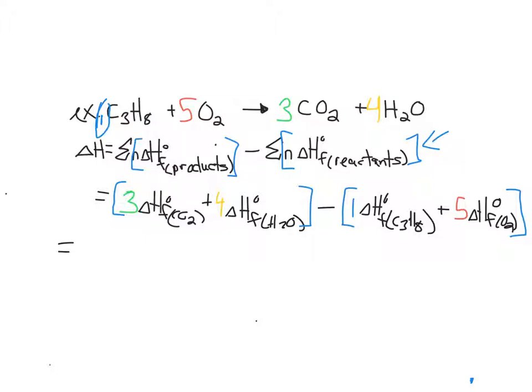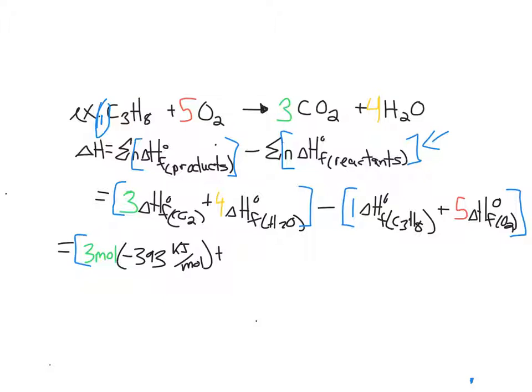So our enthalpy change is going to equal square bracket, 3 moles, small bracket, and looking at the chart, your given value is negative 393, and your unit is kilojoule per mole.